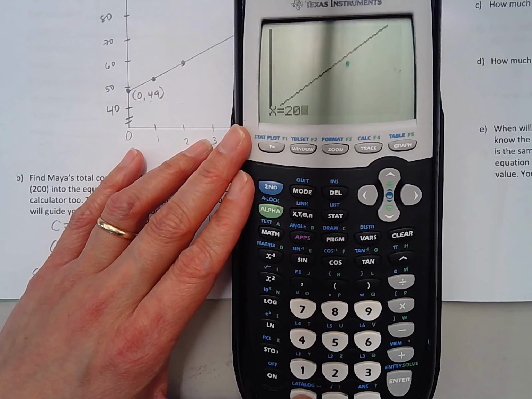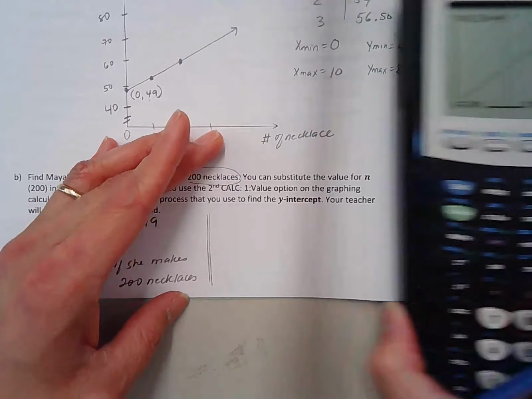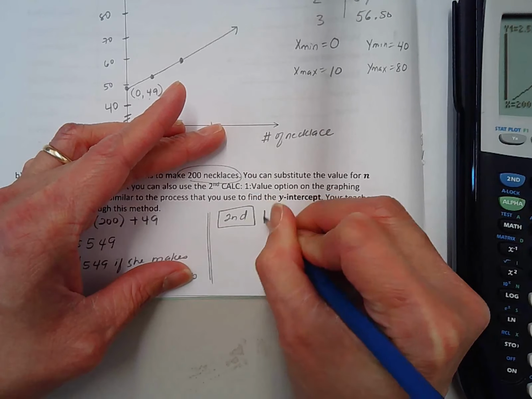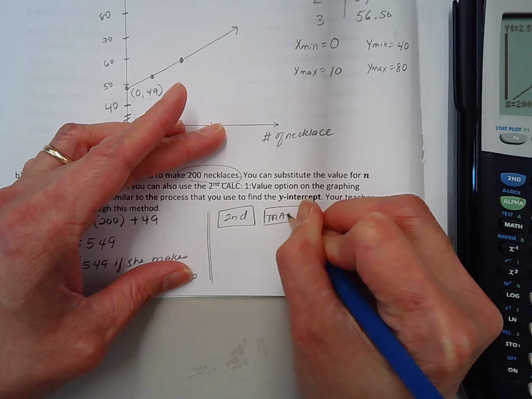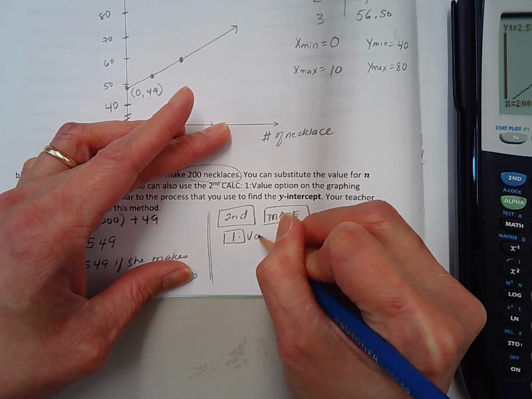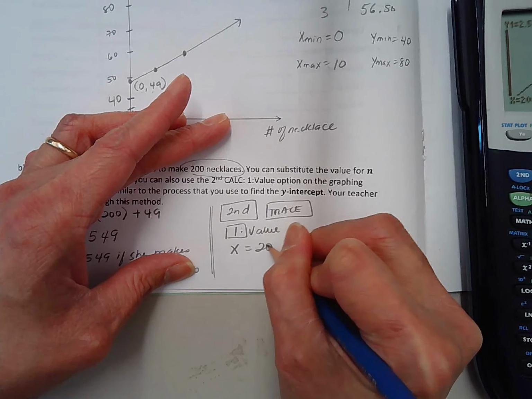Now I can put in 200. So 549. So we can go second function, trace, and then 1 for value.